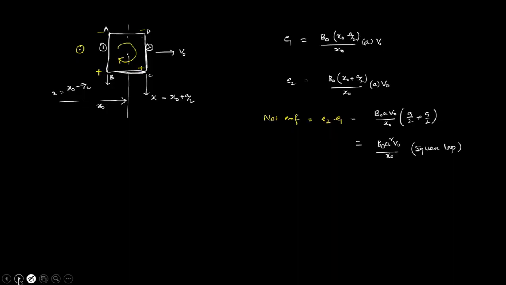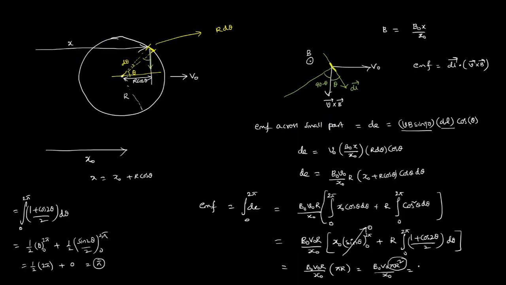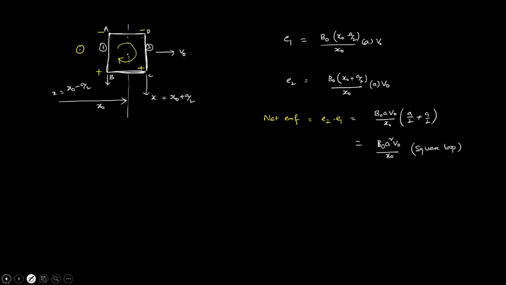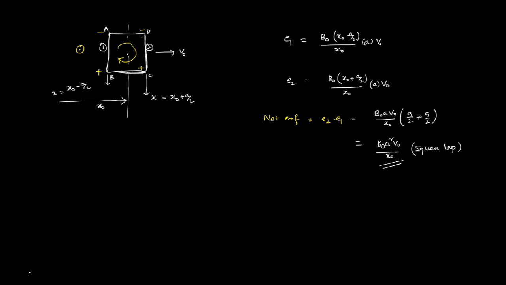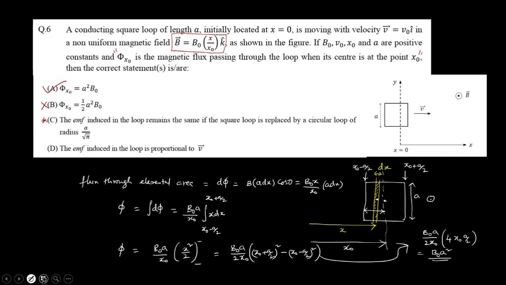So the area of the circular loop and the area of the square loop are both the same. I'll get b naught v naught a square by x naught. This is the EMF I got in the circular loop. The same is the EMF in the square loop. Both are the same, so that's why option C is correct.